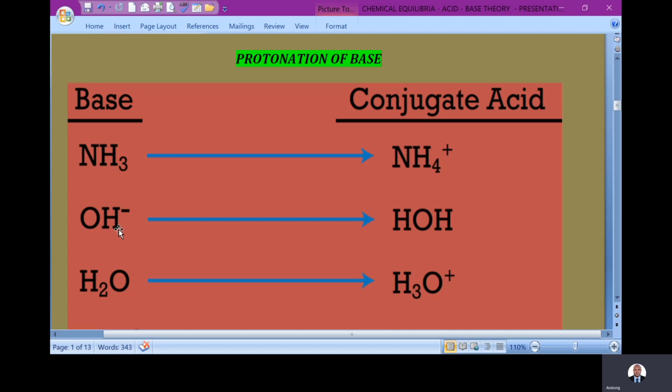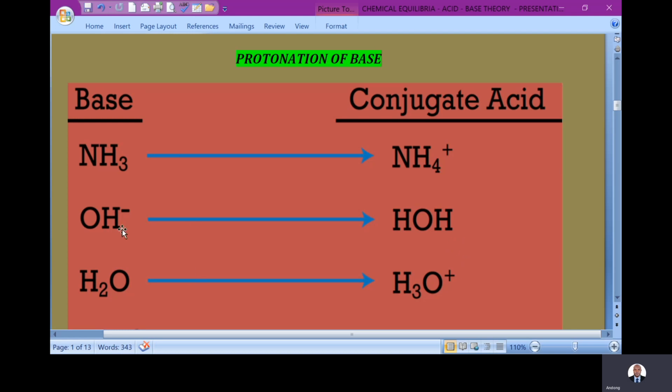If we add a hydrogen here, it becomes H2O. Then if we add a plus sign there, it neutralizes this one, and we have this. Conversely, if we want to have the base back again, you need to remove the hydrogen and add a negative sign. If we remove a hydrogen, we have O, and we add a negative sign, it becomes OH-.